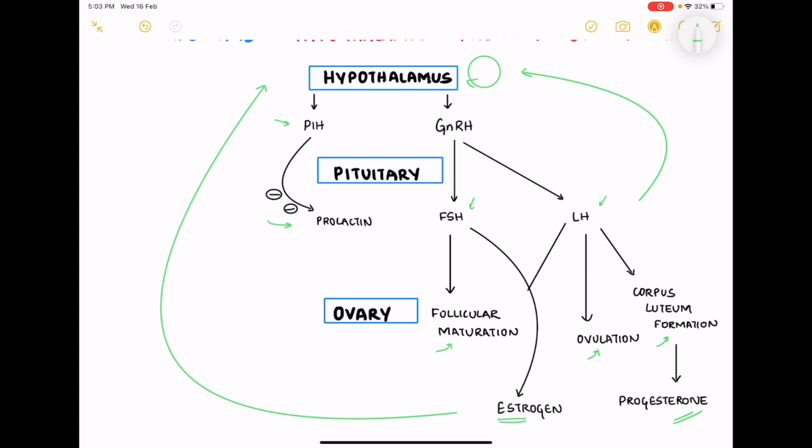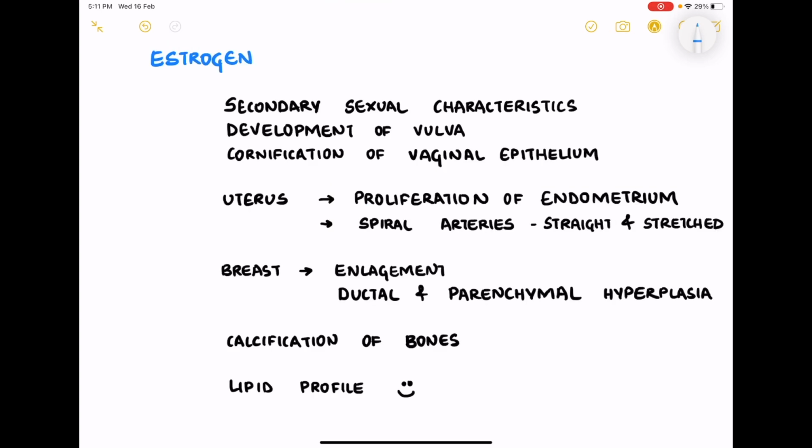Before we get into the actual cycle, let us understand the functions of estrogen and progesterone, starting with estrogen. It affects the development of secondary sexual characteristics, the development of the vulva, and cornification of the vaginal epithelium.